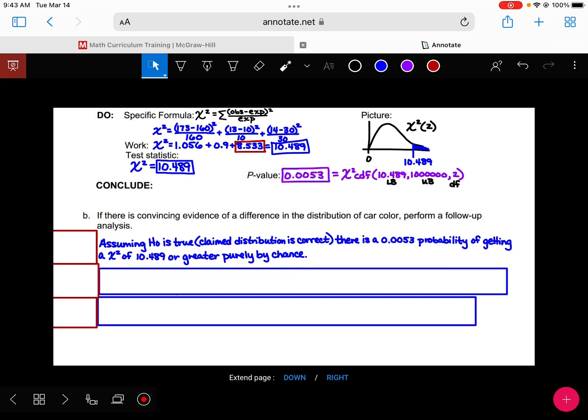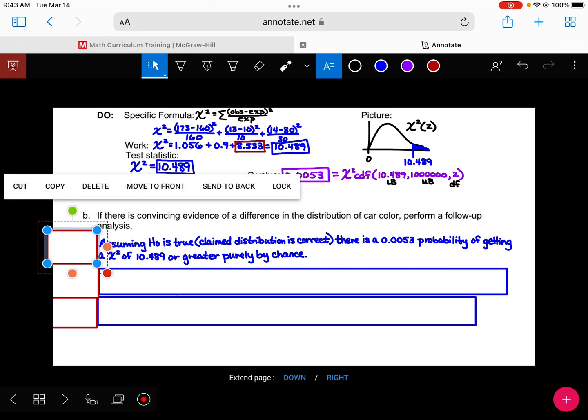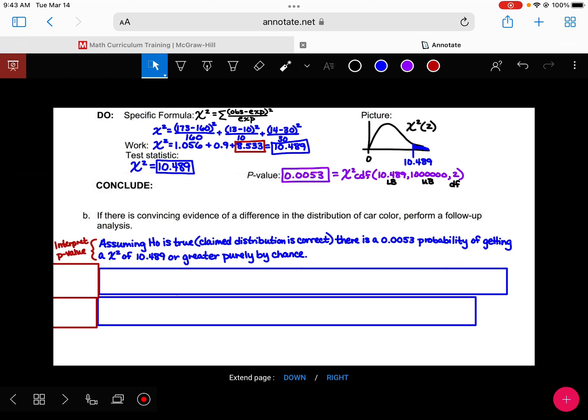Assuming the null is true, that the claimed distribution is correct, there is a 0.0053 probability of getting the chi-square score that we saw, of having this observed value, or greater purely by chance.